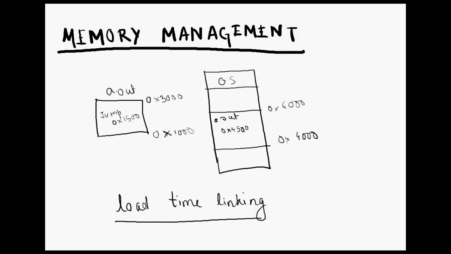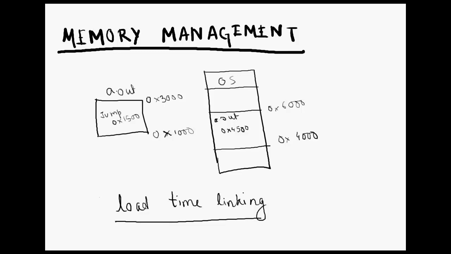We know the memory required for a.out is 2000 bytes, and it wants to jump to the instruction at address 1500. So when we load a.out, we can load it to an available memory location and modify all the references it has got. This scheme is called load time linking.